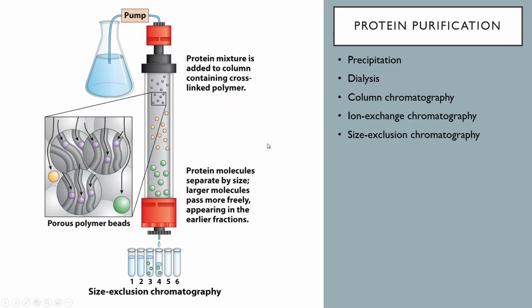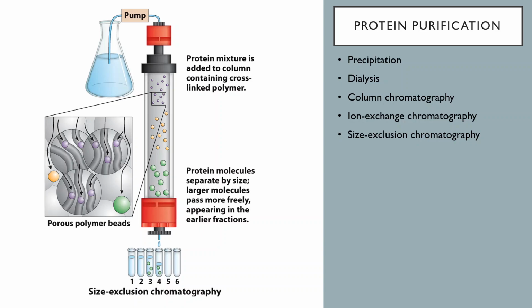And then you can also use chromatography to separate proteins or other molecules by size. So this takes beads that have porous holes in them. These beads are made of a polymer, and they're not solid.